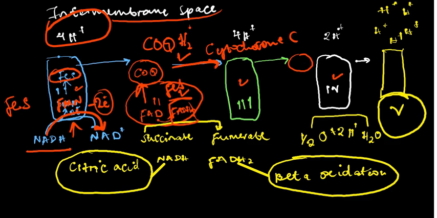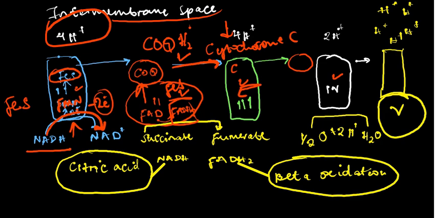Cytochrome C can only accept one electron at a time, so it's an exception in that way. In order to pass the two electrons through complex 3, it has to do it twice, because it receives one at a time.